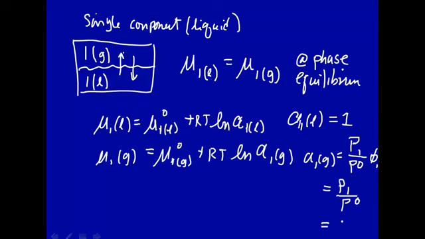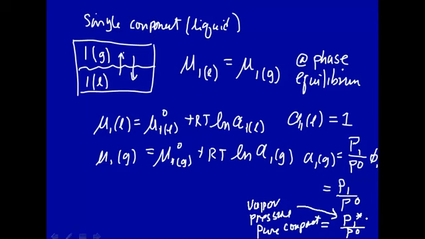And let us denote further that the substance, we'll put a star up there. That star means that we're doing a single component, and the single component is pure, so this will be the vapor pressure of the pure component above the solution. Vapor pressure of the pure component. That's what that star means there.